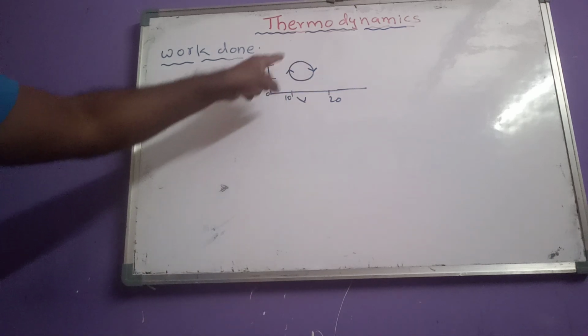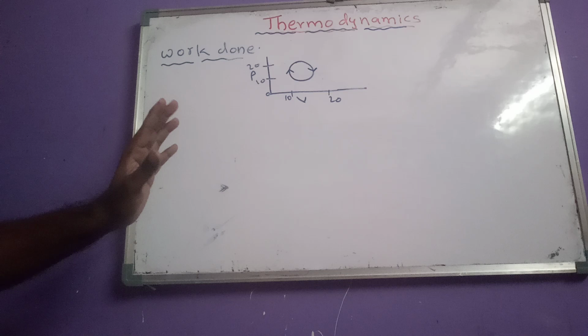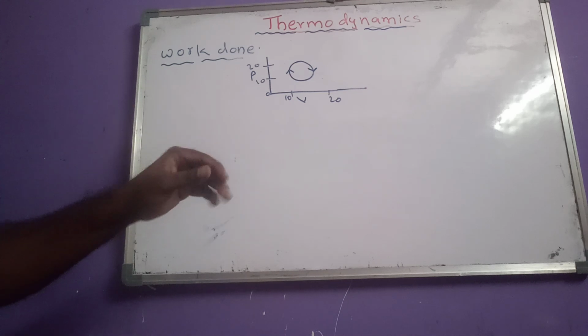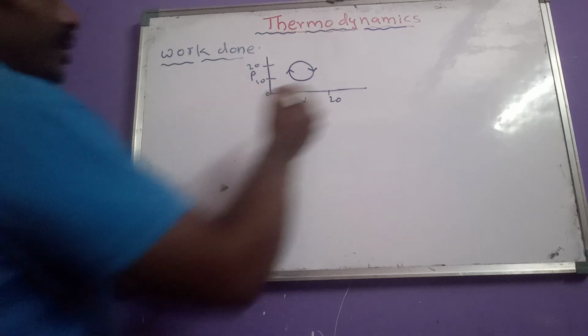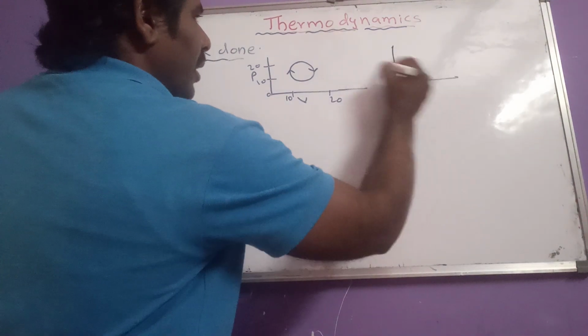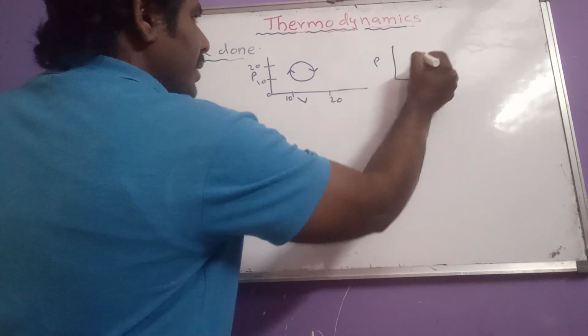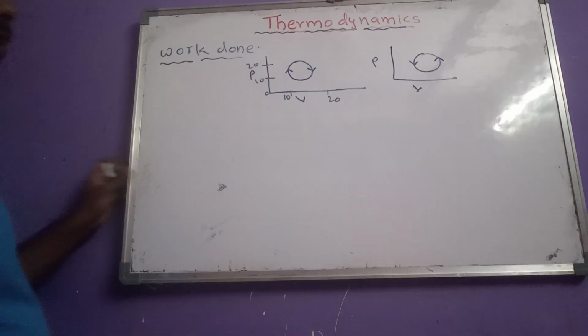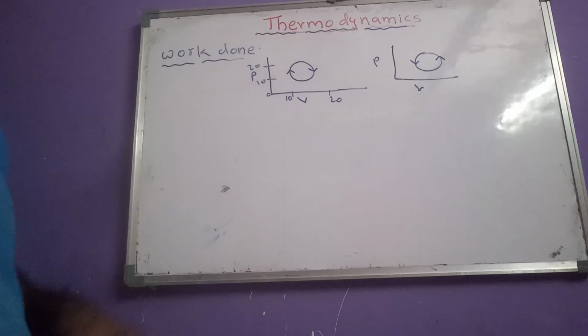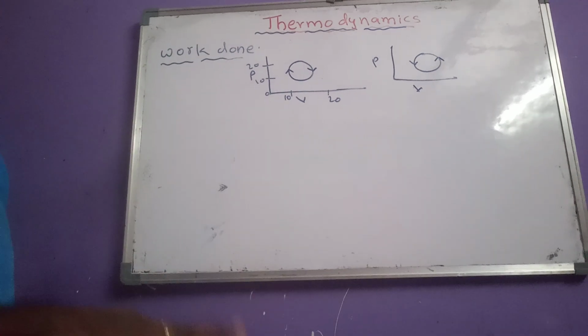If a clockwise symbol is given, we have to say that work is done by the system. Suppose anti-clockwise is given in this P versus V graph, that is said to be work done on the system.